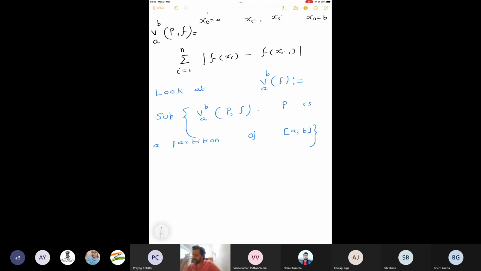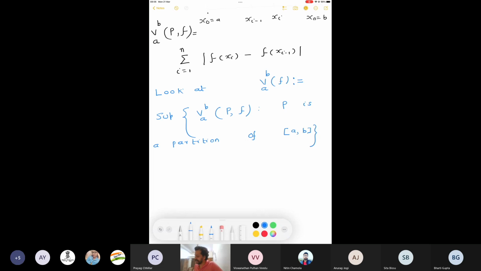It should be clear from the definition itself that the variation VABf is non-negative. It could be plus infinity. We don't know whether VABPf as a set is bounded or not. Therefore, the supremum could be plus infinity.